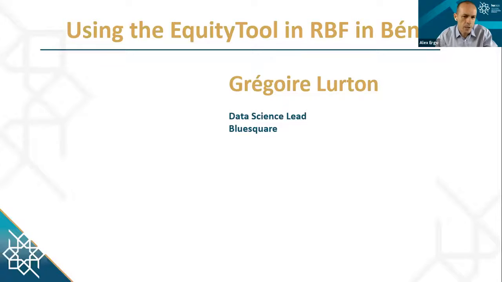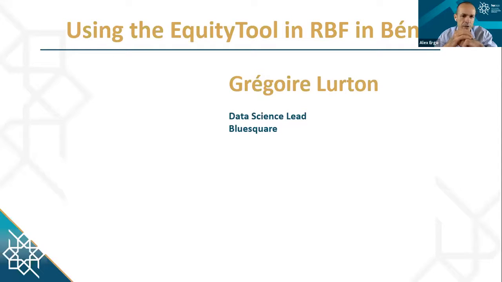I would like to introduce you now to our fourth presenter, Grégoire Lurton. Grégoire is a data science lead at Blue Square, which is a global data company with headquarters in Brussels that develops digital solutions for low and middle income countries. He's a data scientist and public health specialist with considerable experience in the field of health metrics.